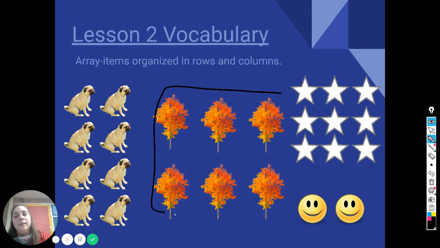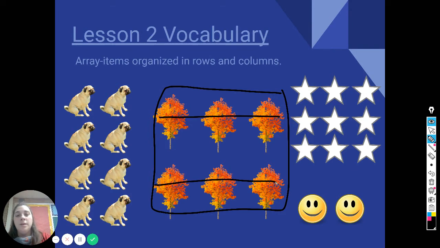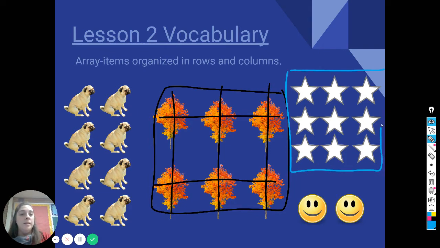Here is an array. You can see that there's rows and there's columns, and it is perfectly organized into those rows and columns. Here is another array. This array is also organized into rows and columns.